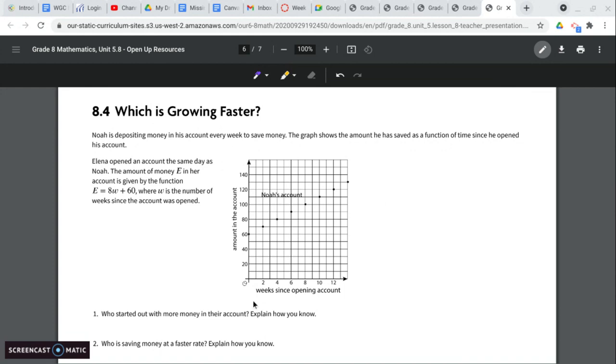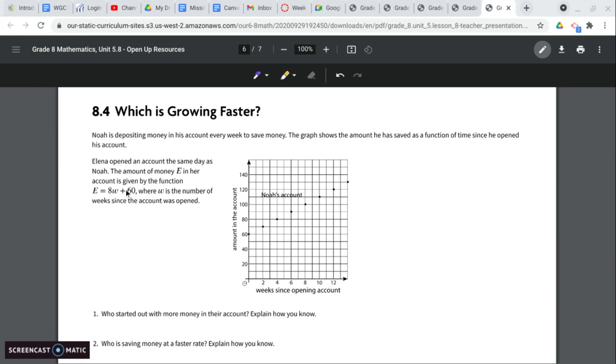So looking at Noah's, we can see on the y-axis he's at 60, and then after 2 weeks he's up at 70, another 2 weeks he's at 80, so on and so forth. So he looks to be going up by $5 each week, since every 2 weeks he's going up 10, half of that would be 5.